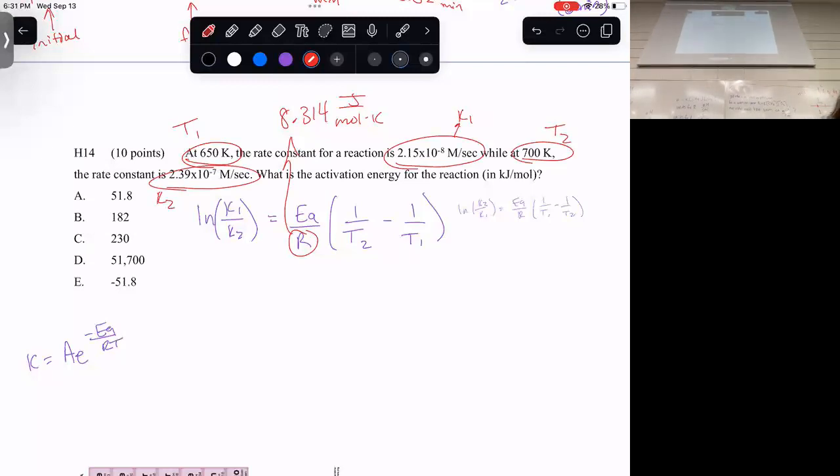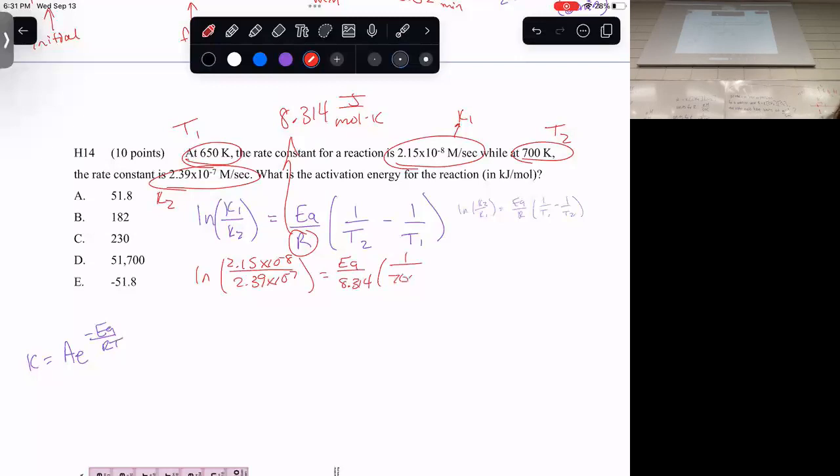It again just comes down to solving for that EA. So K1 is 2.15 times 10 to the negative 8 over K2, 2.39 times 10 to the negative 7. We do not know EA, but we know 8.314.